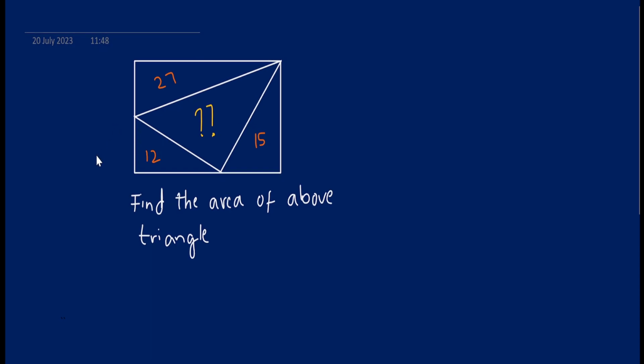So let's denote this side as A and this side as B. Now let's write the equation.